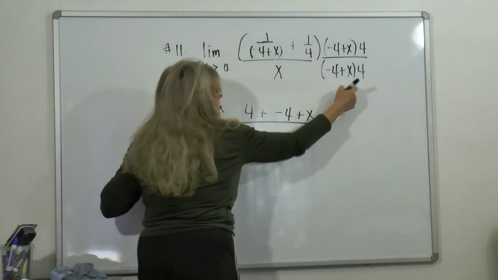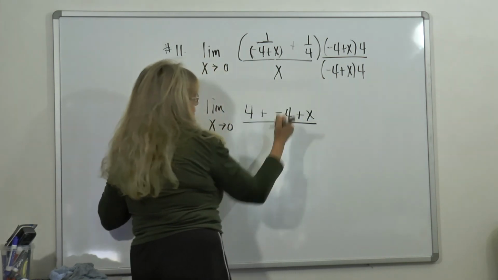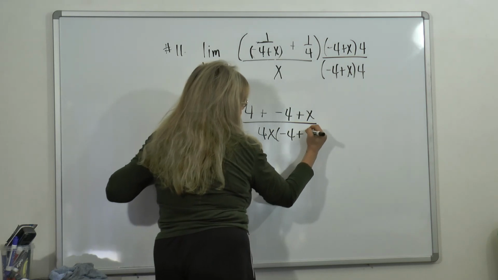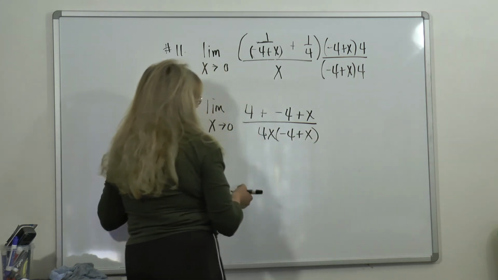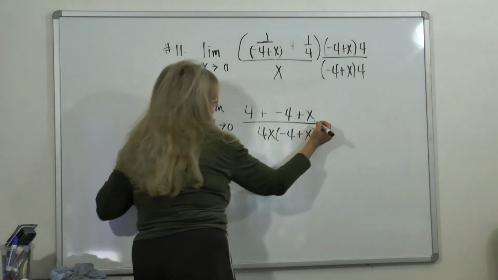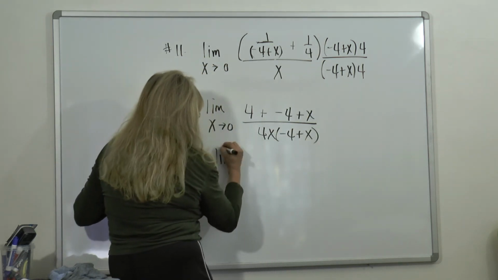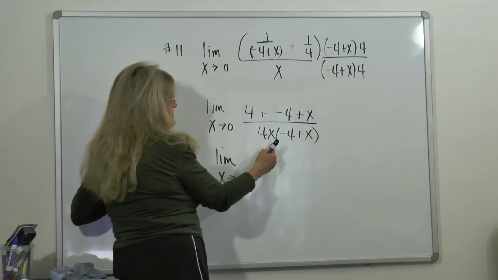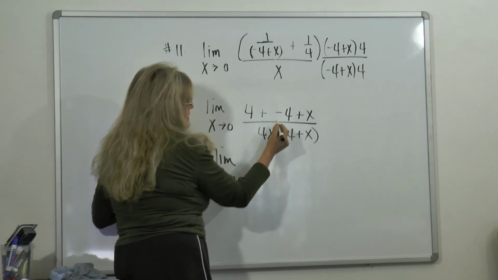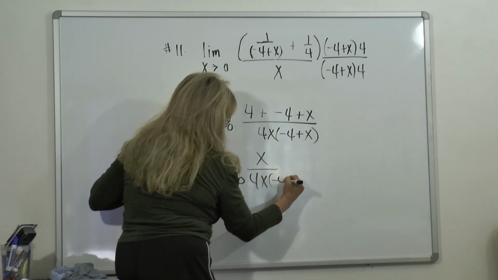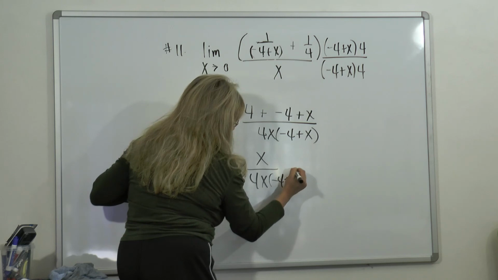And down here, I'm going to put the 4 out front because it looks better out there. And you can see I can't let x equal 0 because I would have division by 0. So the 4's are going to cancel, so I'm going to have x over 4x times negative 4 plus x.